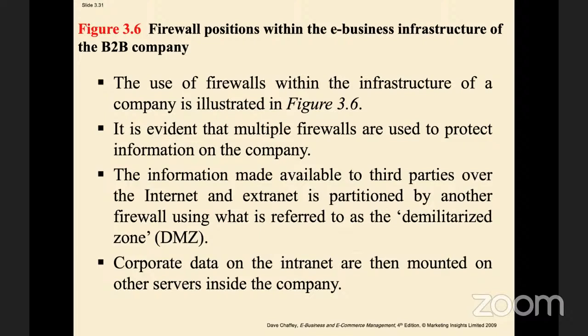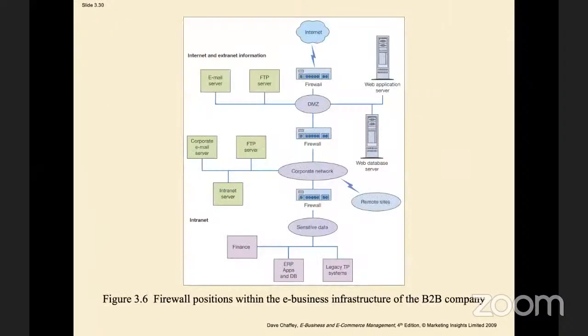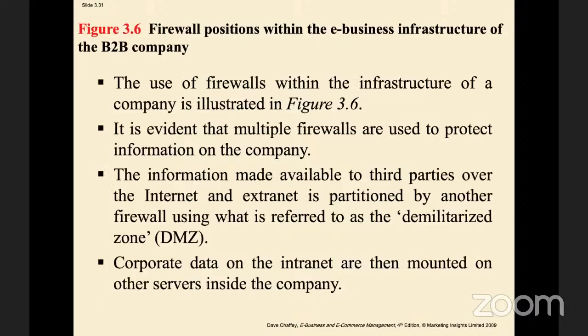Okay, now the figure 3.6, firewall positions within the e-business infrastructure of the B2B company. Now that diagram we just saw, we can describe it in detail, like the use of firewalls within the infrastructure of a company is illustrated in figure 3.6. It is evident that multiple firewalls are used to protect information on the company.